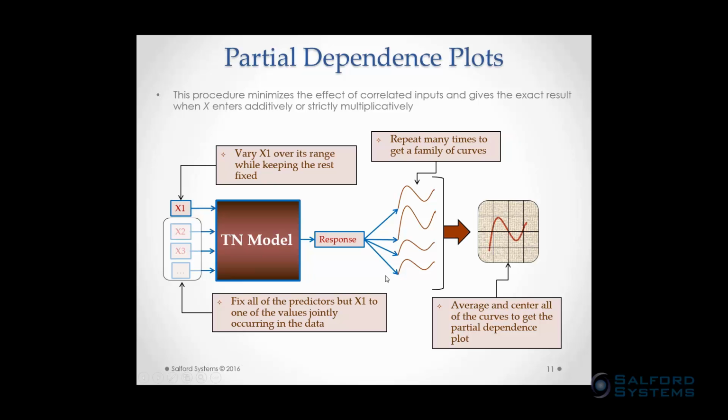And this is the same process for the 3D plots. You would just be varying X1 and X2 values and fixing the rest. So again, this is a post-model simulation, and it just gives you insights about how your predictors are contributing in your model.